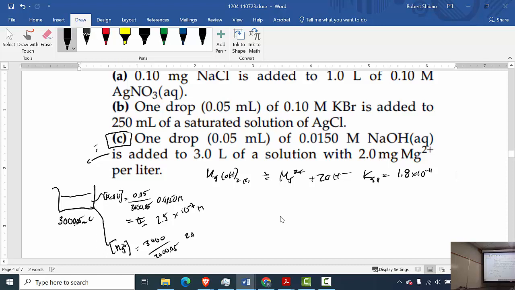But this is going to be 2.0 milligrams of magnesium per liter. And so let's convert that to grams. And then let's convert that to moles. And so the molar mass of magnesium is 24.31.